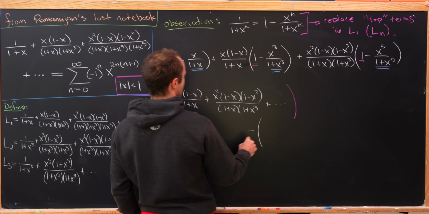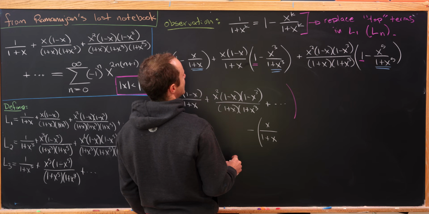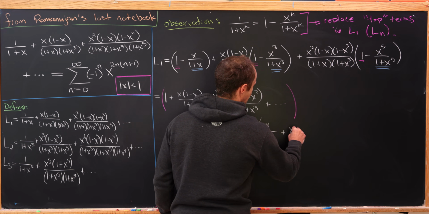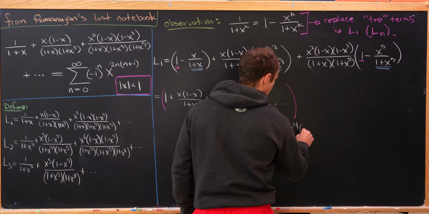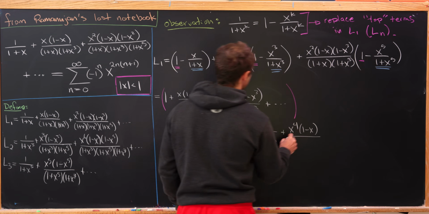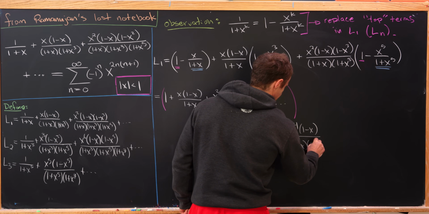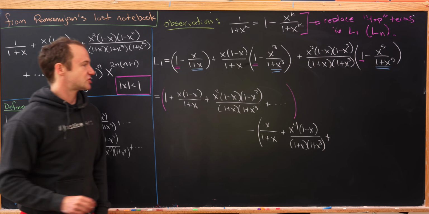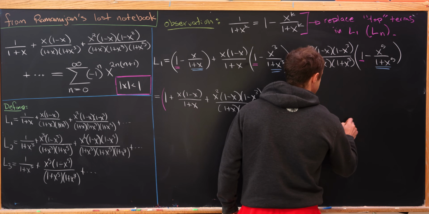So that's going to have our first term as x over 1 plus x. And then my second term will be x to the fourth because I've got x times x cubed. And then I have 1 minus x over 1 plus x times 1 plus x cubed. And then let's write the next term down, and that'll be an x to the 7.